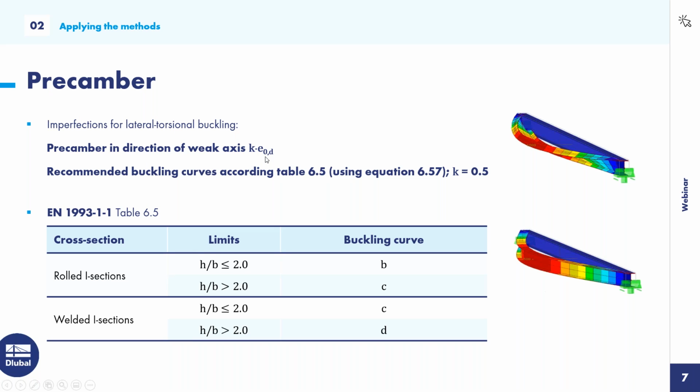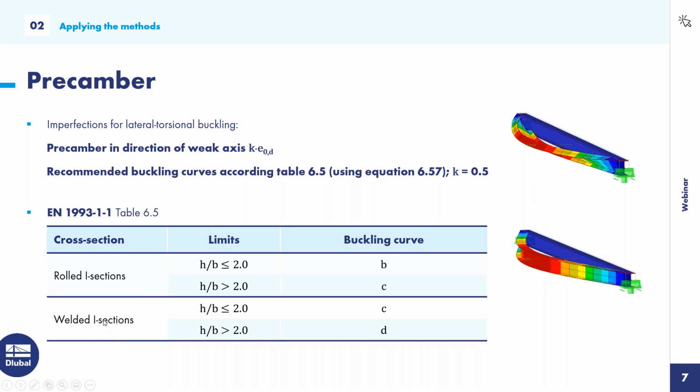The formula for the pre-camber is k_e multiplied by e_0,d, and the recommendation for k_e is 0.5. Means the formula is k_e multiplied by e_0,d. Table 6.